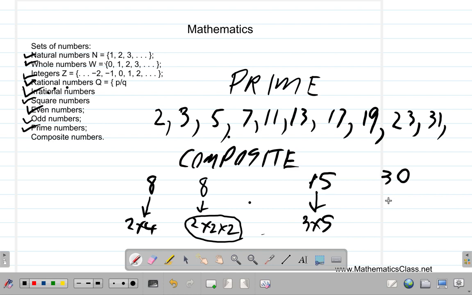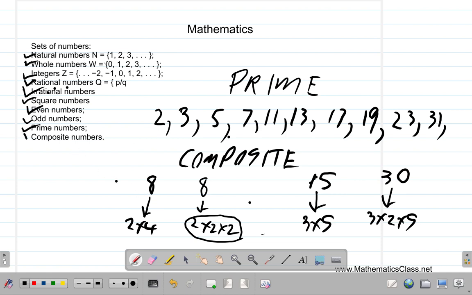About 30. 30 is 3 by 10. But we want prime factors. So 3 by 2 by 5 gives 30. These are composite numbers. You can break it down into 2 or more other numbers to multiply and give you that number. So it's a composite number.